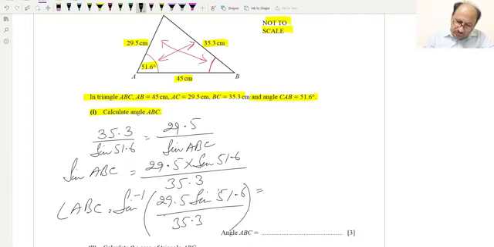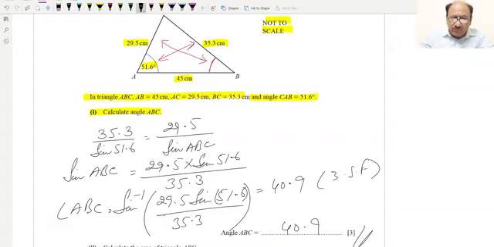So we will put this in brackets. So 40.9 will be our answer up to one decimal place, or three significant figures we can say. And this was a 3 mark question which we have done.